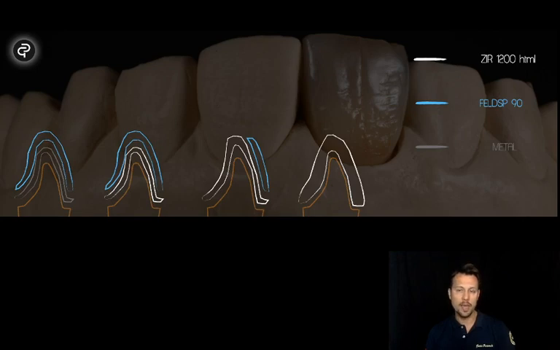As you see, feldspathic ceramic has just 90 megapascals of compressive strength, while zirconia HTML, which is not cubic but tetragonal, has 1,200 megapascals of compressive strength. This means that zirconia, when it's HTML, is 10 times stronger against chipping than feldspathic.